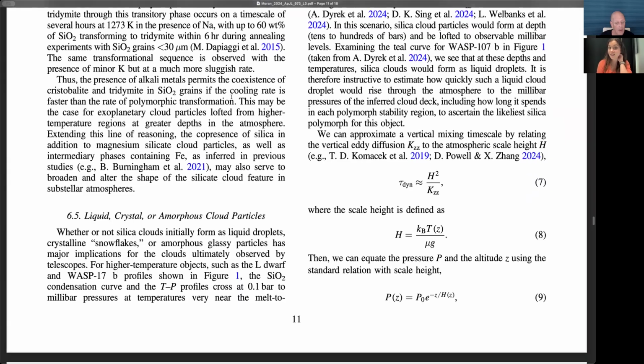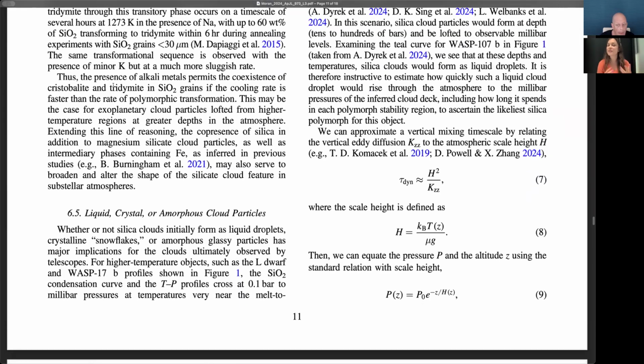Good. And then the last real meat of this paper is this little thought exercise that I did, thinking about how you might get from liquid to the different kinds of crystal or maybe the amorphous or glassy particles. Okay. And so to do that, I'm using WASP-107b as a test case. And that's because it has this sort of suggestive silicate feature at MIRI wavelengths, but it's a specific one.